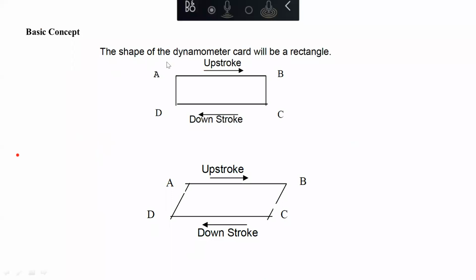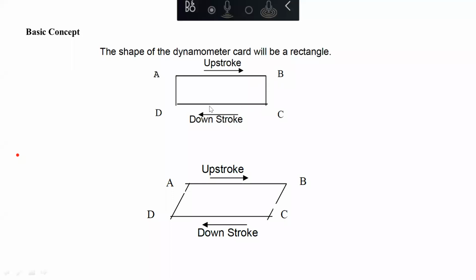Now when you are measuring it, you can divide this into 4 points: A, B, C, D. A to B is your upstroke, and moving from B to C, this transfers your upstroke to your downstroke.